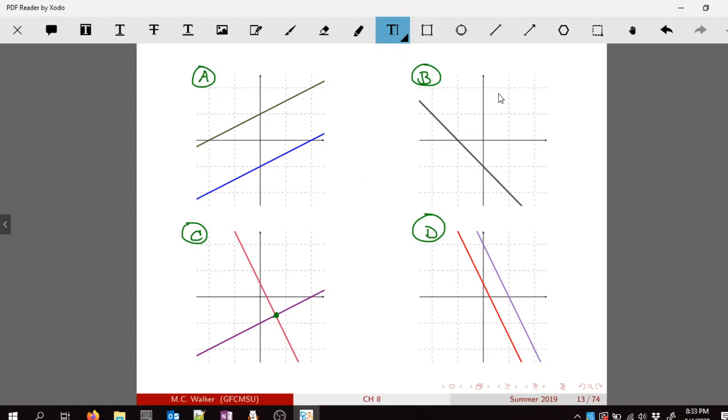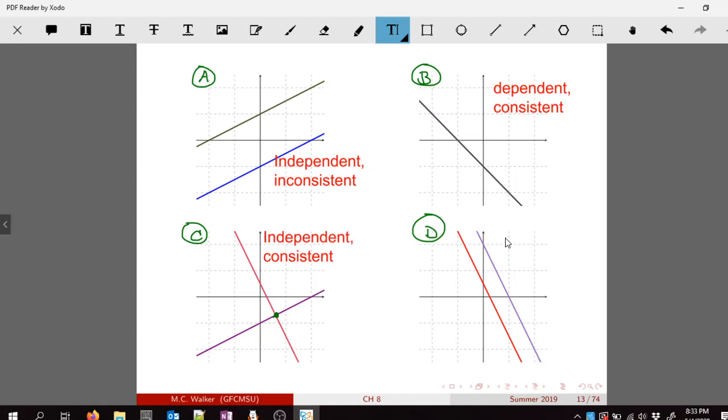Over here with line B, we only have one line, so it's dependent, but there is a solution, any point on that line, so it's consistent. System C has two lines, so it's independent. And there's one nice solution, so it's consistent. And system D is like A, independent, inconsistent.